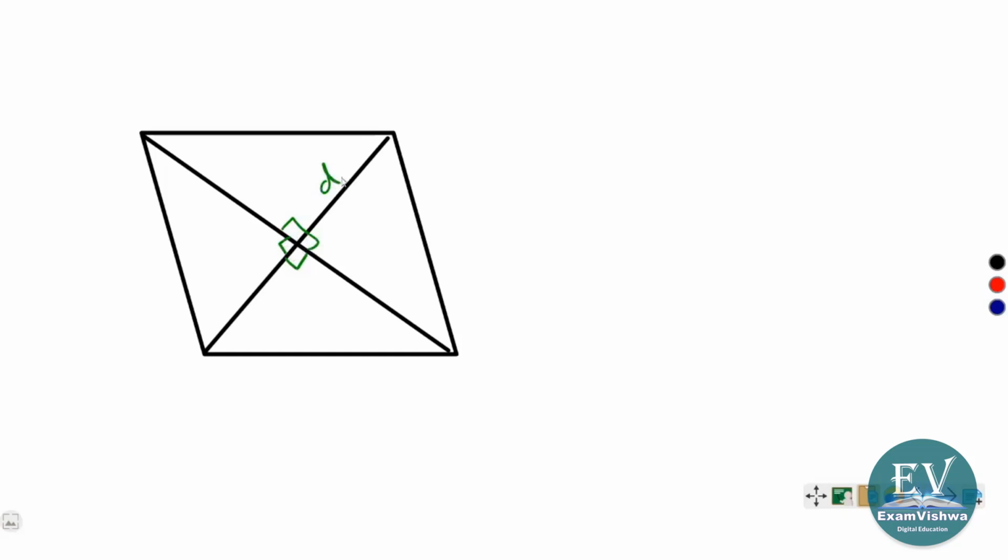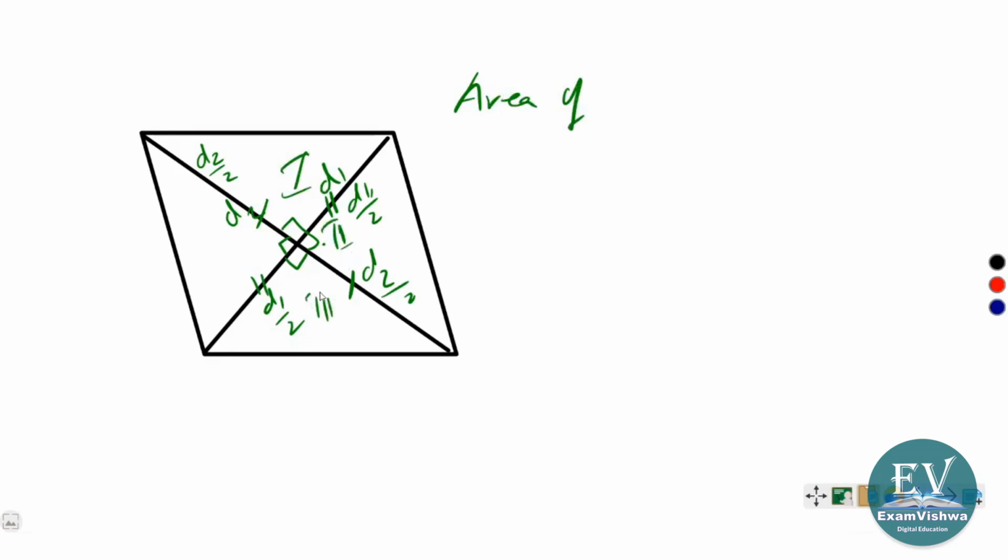If we name this as d1, this as d2, half of it is d2 upon 2 here and d2 upon 2 here, because this is equal to this. This is equal to this, so this is d1 upon 2, and this is also d1 upon 2. And all these are right angled triangles having sides d1 upon 2 and d2 upon 2. So the area of these 4 triangles together will make the area of the rhombus ABCD.